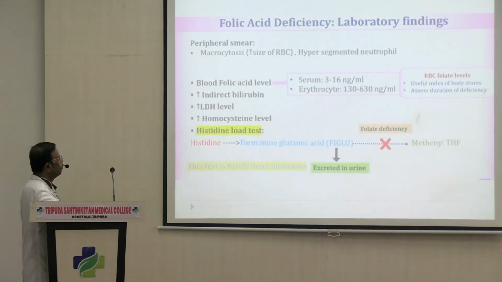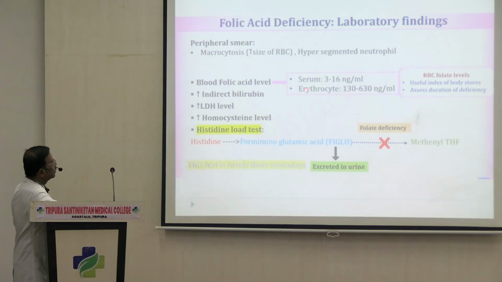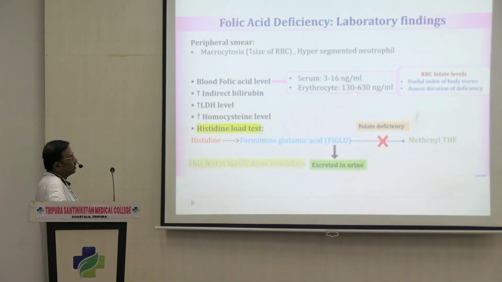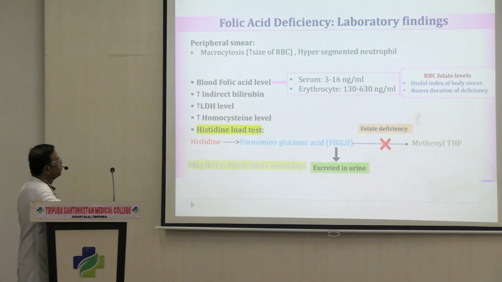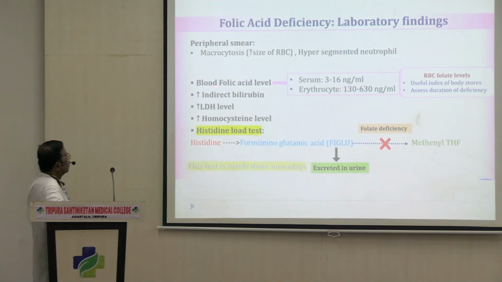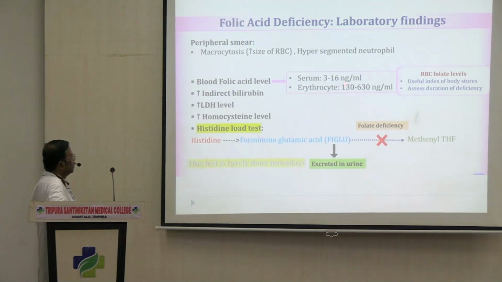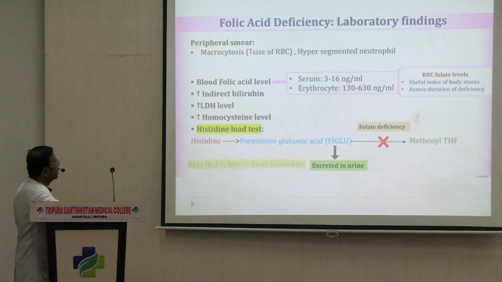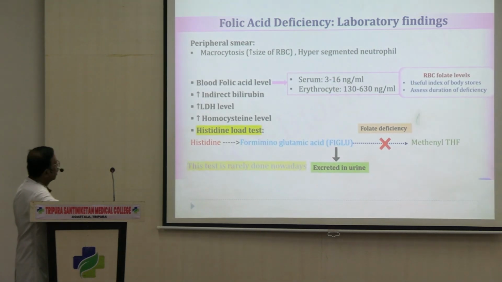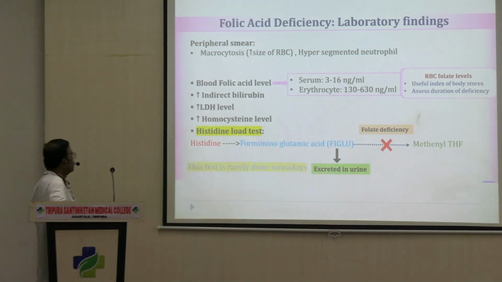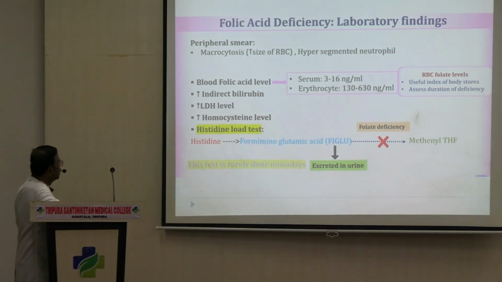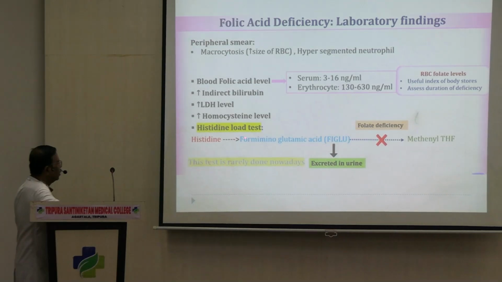Folic acid deficiency laboratory findings. The normal folic acid level is 3 to 16 nanogram per ml, and erythrocyte level is more. So blood folic acid will be less in case of deficiency. There will be increased bilirubin due to hemolysis. Then LDH level will be increased, homocysteine level will be increased, and there is the histidine load test.